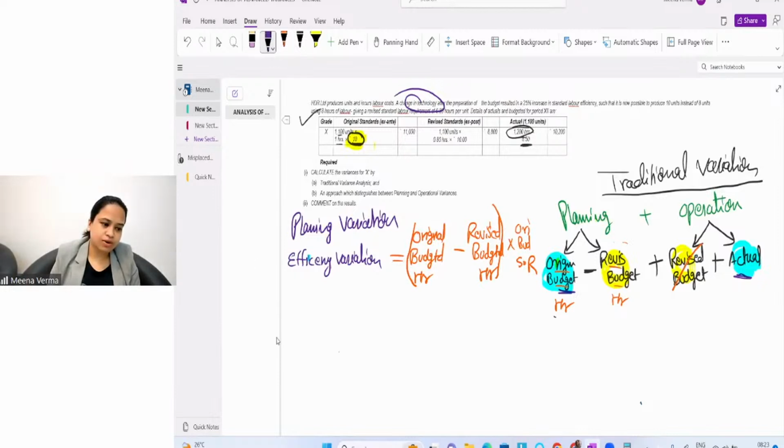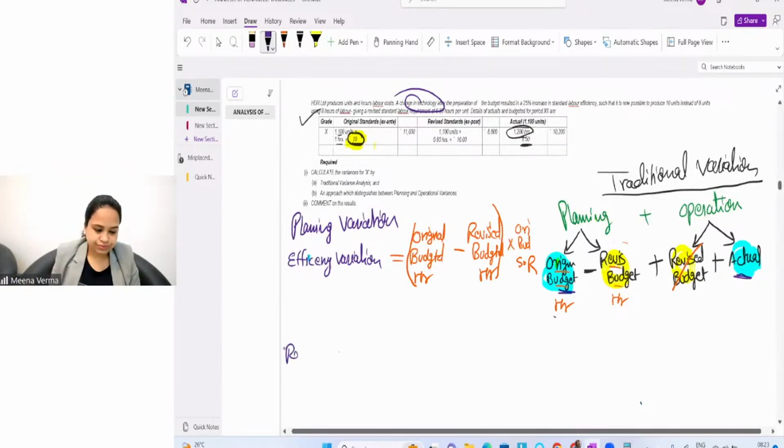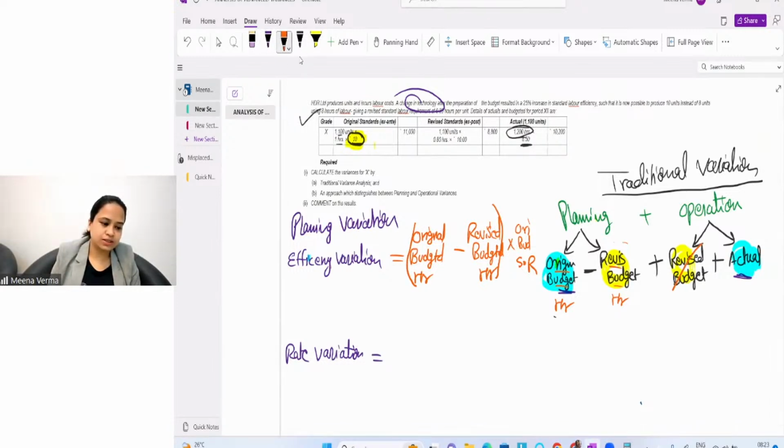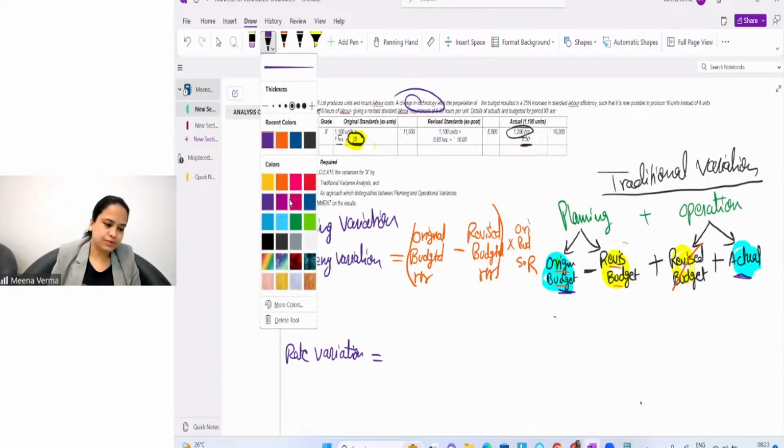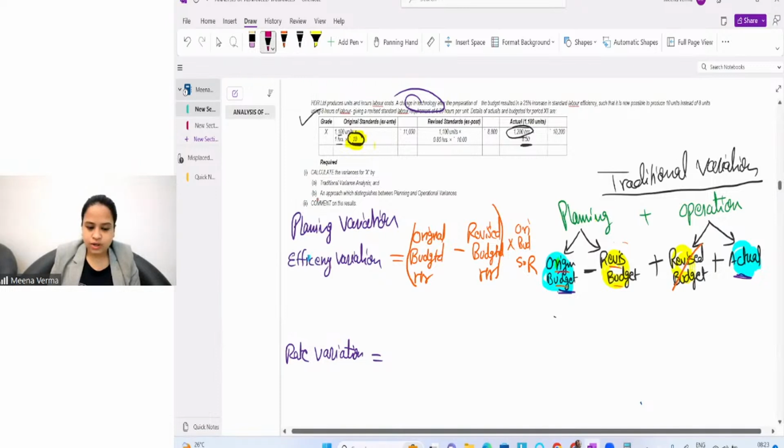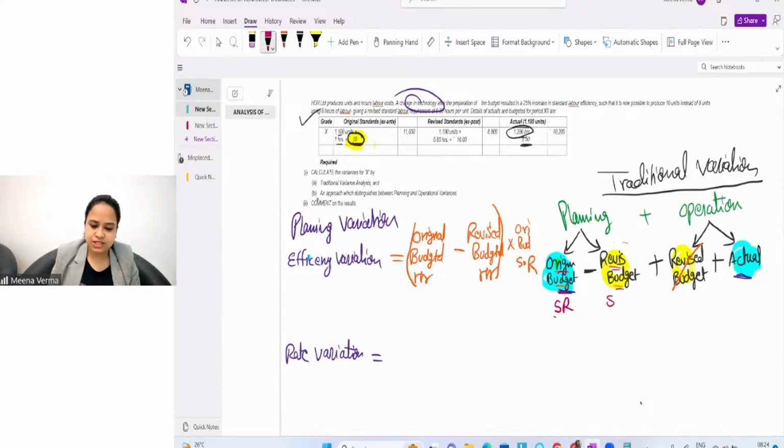Similarly, what is the formula for rate variation? Planning rate variation. See how we will write the formula. Original budgeted standard rate minus revised budgeted standard rate. Rate variation find kar rahe na.